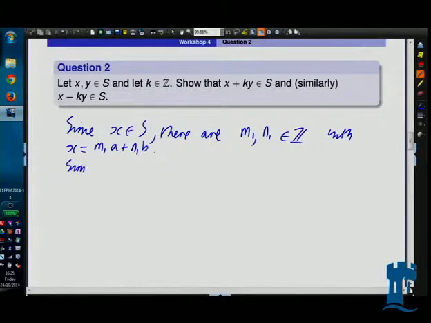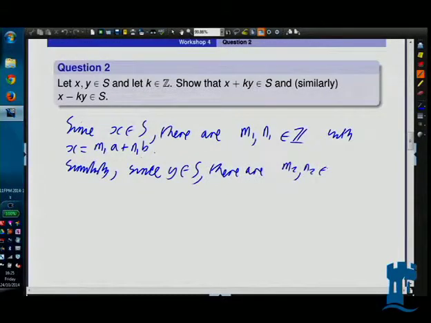Similarly, since y is in S, there are m2, n2 in Z with y equals m2a plus n2b.